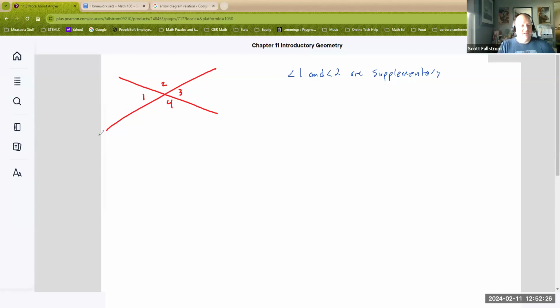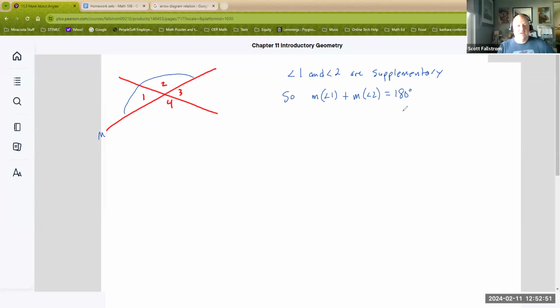Because if we call this line M, when you put another angle like that, those have to add up to 180 degrees. They form a straight line. That was my reason, and now I'm going to tell you something about it. So that means the measure of angle 1 plus the measure of angle 2 is equal to 180 degrees.